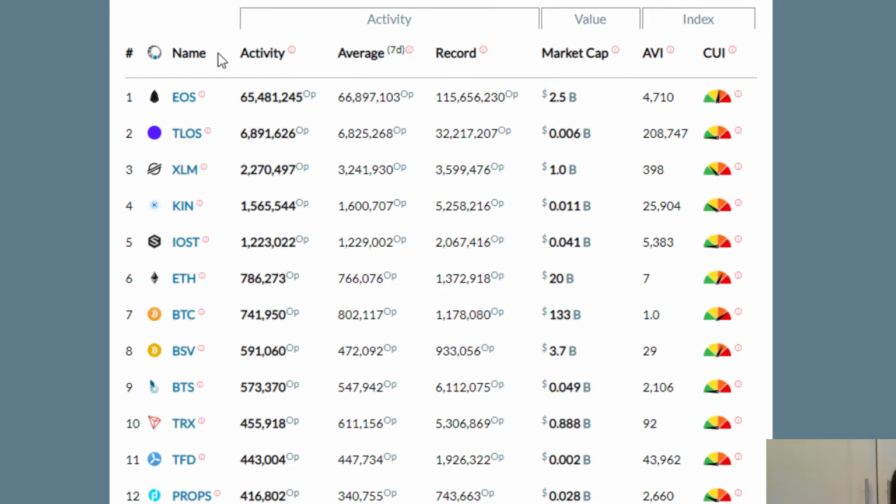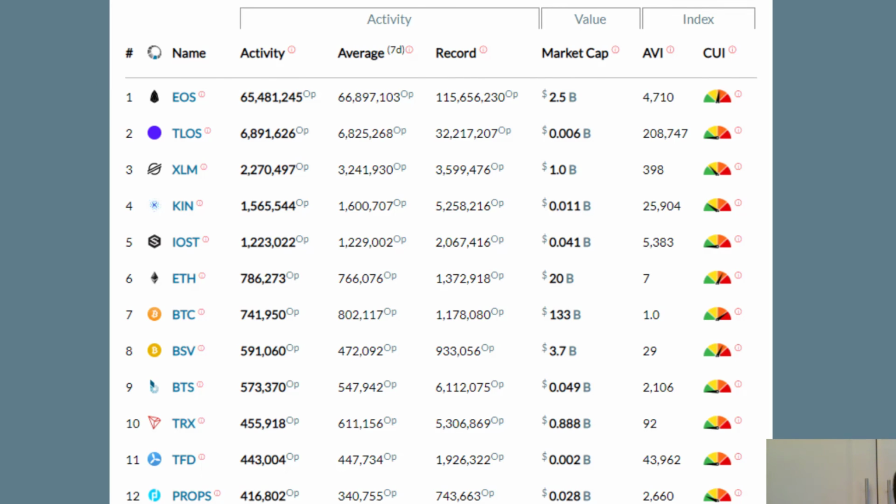And looking at this list here, strange to see that Bitcoin comes up at number 7 for usability of its blockchain, and the number 1 asset is EOS, which is another crypto asset which is available.